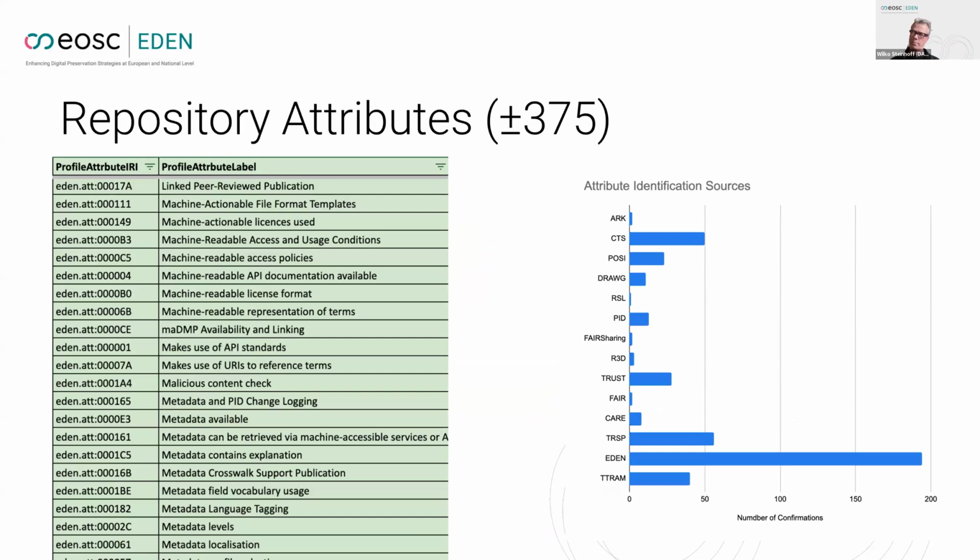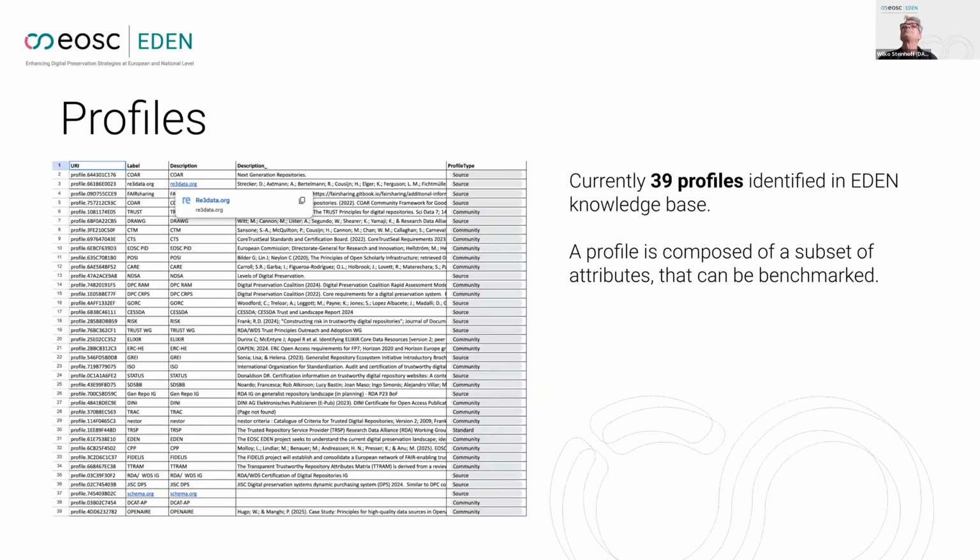So here we have the repository attributes, and it's a long list. We have collected about 375. Here we see the sources where they come from, and their numbers. So it's a lot of attributes.